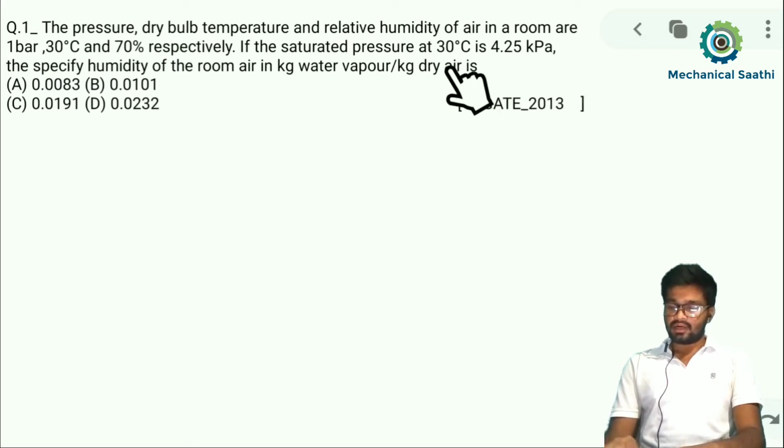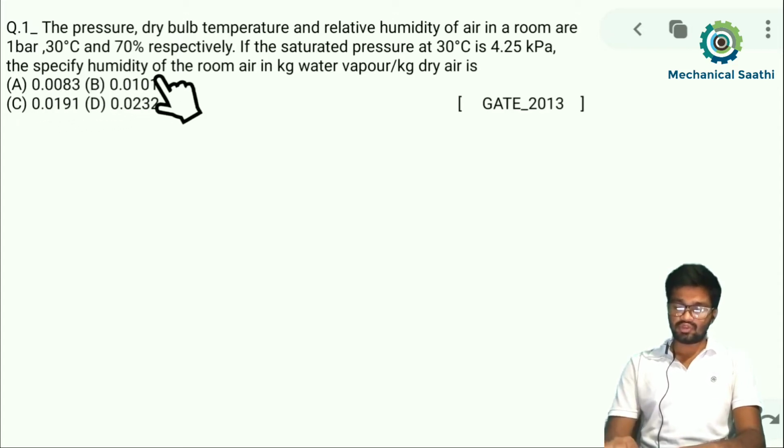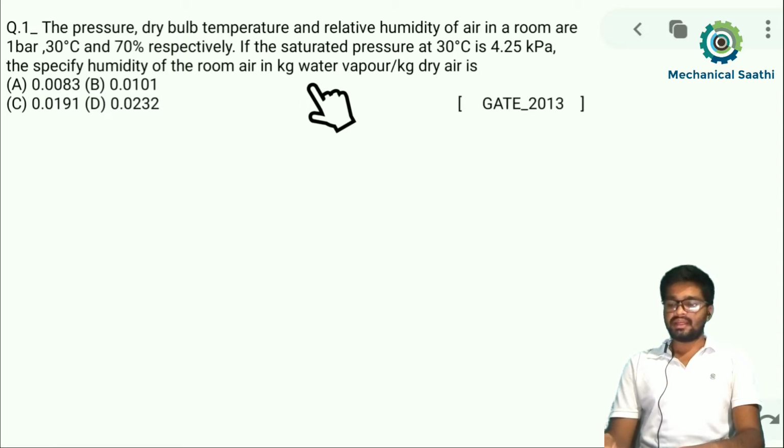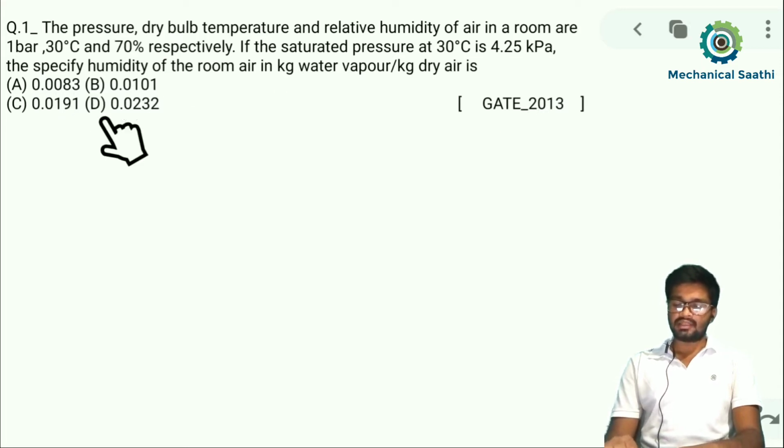It is asking to find out the specific humidity of the room air in kg water vapor per kg of dry air. The options are 0.0083, 0.0101, 0.0191 and 0.0232.